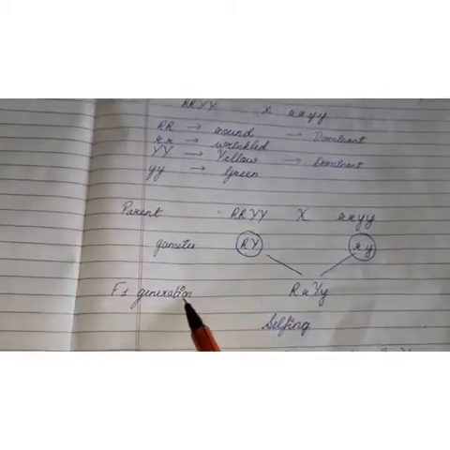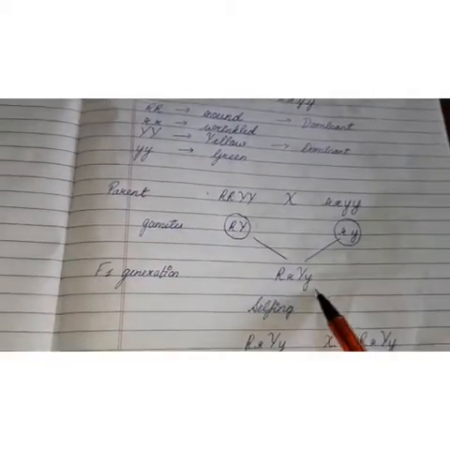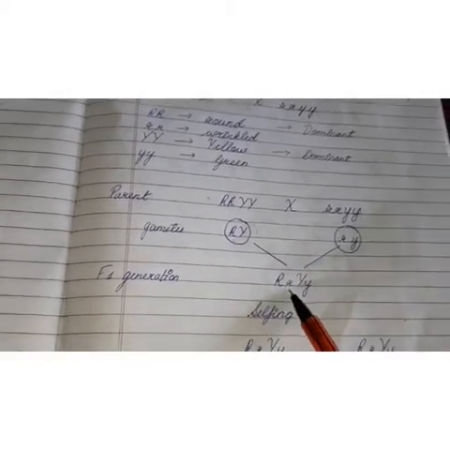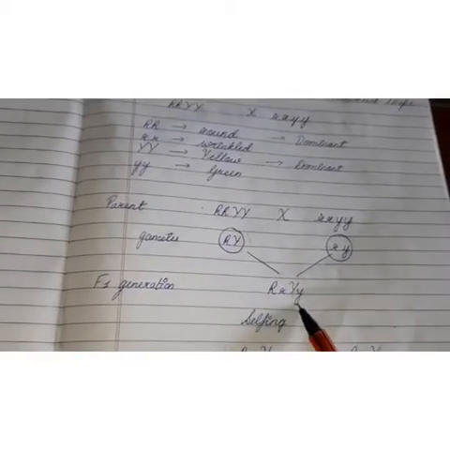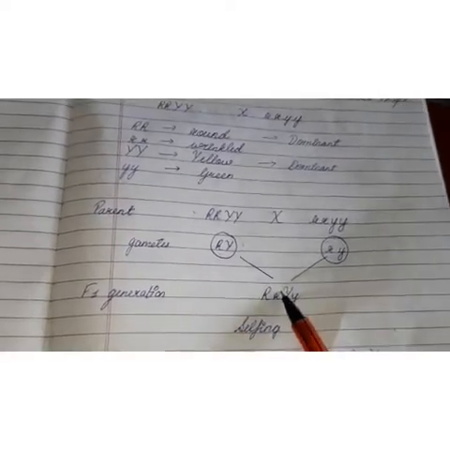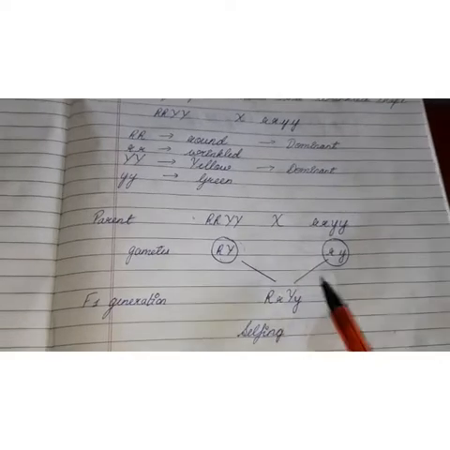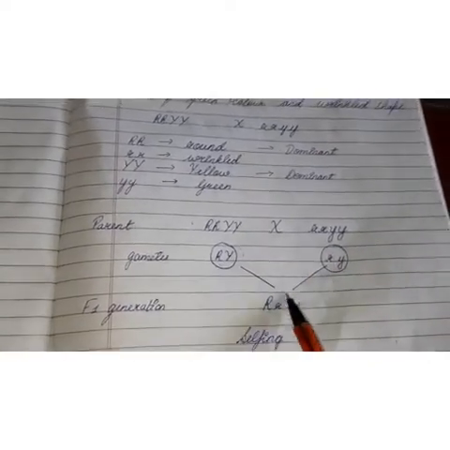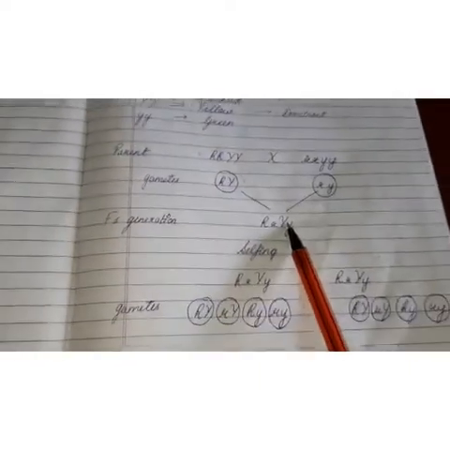So in the F1 generation, the progeny that will be obtained will be of this genotype, capital R, small r, capital Y, small y, with the phenotype round and yellow colored seeds, which is similar to the phenotype of the parent generation, that is round and yellow.